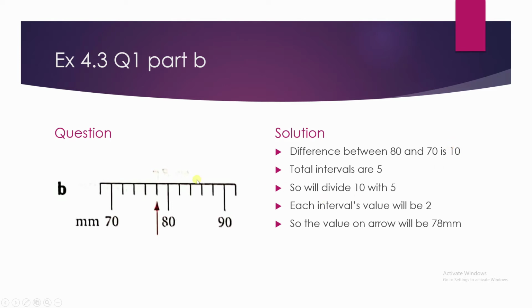After finding the difference, in the same way, you have to find the intervals. So 1, 2, 3, 4, 5 intervals are here. As there are 5 intervals and the difference is 10, you will divide 10 by 5 and you will get 2.